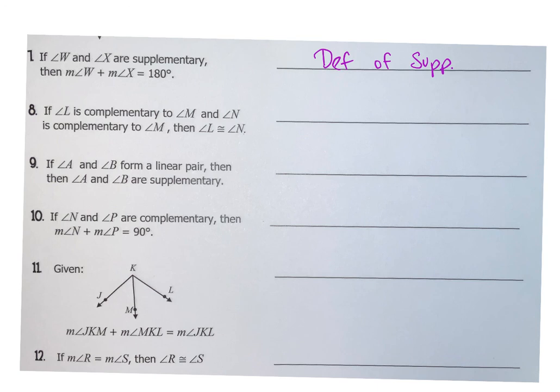If angle L is complementary to angle M and N is complementary to angle M, L and M are congruent. That is the congruent complements theorem. Yep. If angle A and angle B form a linear pair, then they are supplementary.